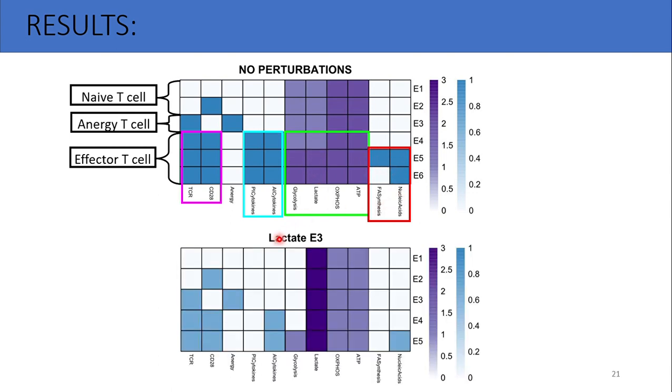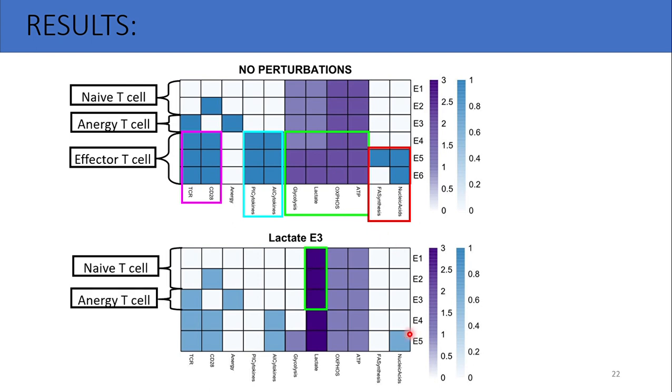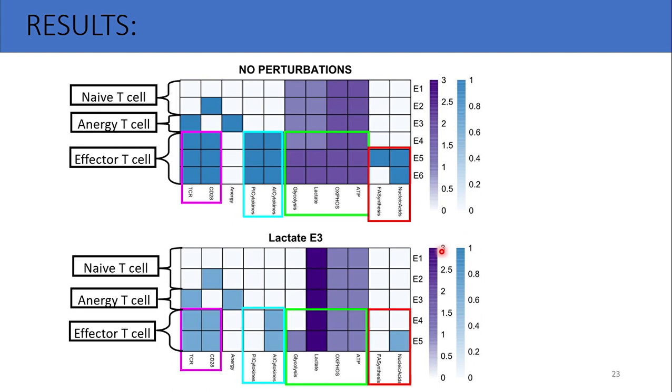Next, we computed the stable states when lactate has a permanently high level, and we obtained 5 states. The first three states, E1, E2, and E3, are very similar to the first three states obtained with the wild-type model, except obviously for lactate, which has a value of 3.